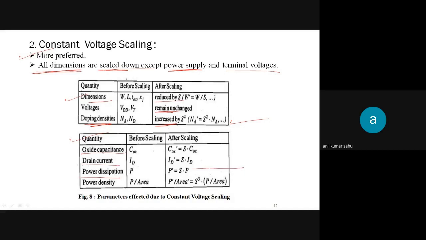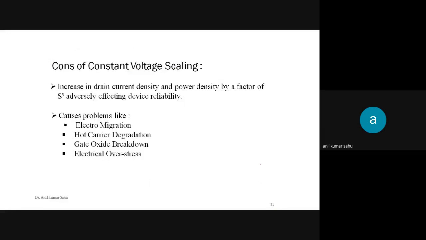Here the power dissipation is increased in this constant voltage scaling. Power dissipation is increased, right? And power density also increases, right? So these are the changes we can see in constant voltage scaling.